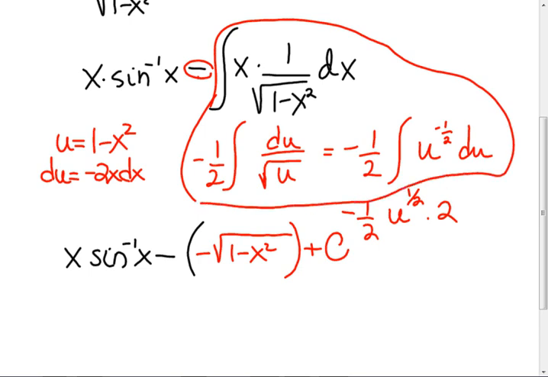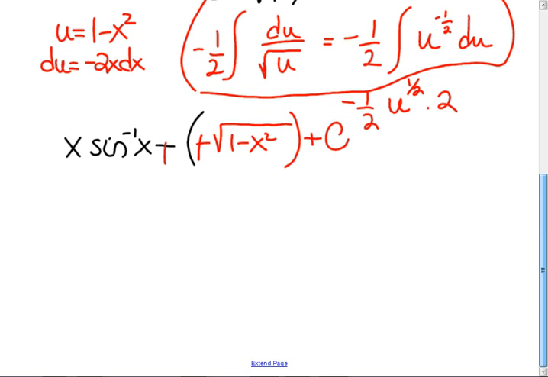That's the negative still. Then this becomes u to the positive 1 half times a positive 2, because that negative came from this du. What's going to happen? This negative and that negative, they'll cancel. As long as you get plus eventually, I don't care where you do it. I wanted to just focus on the integral. But it doesn't matter. I could have taken care of the negatives right away. So should we do a problem right out of the homework?